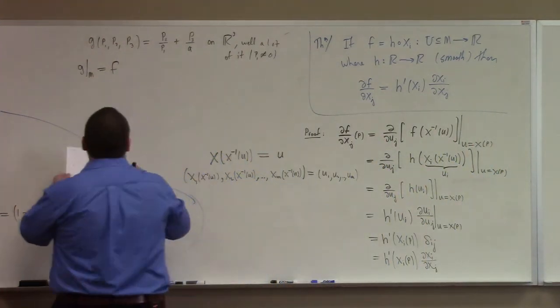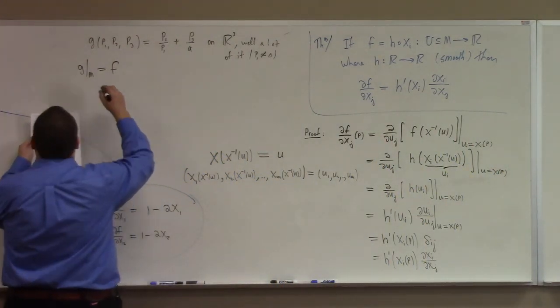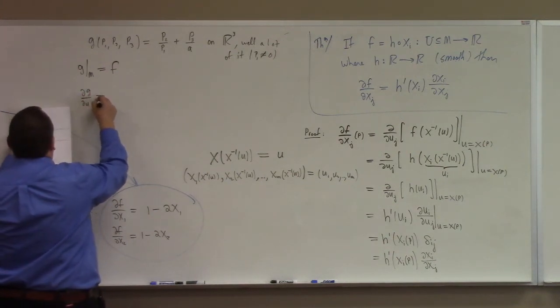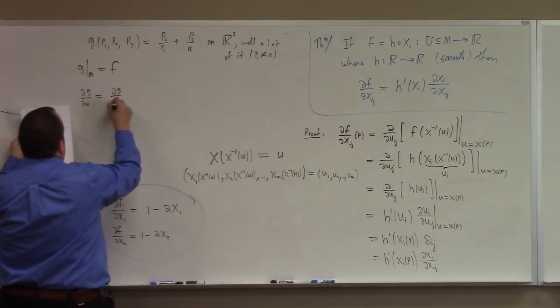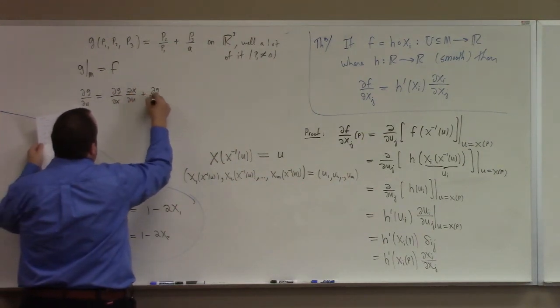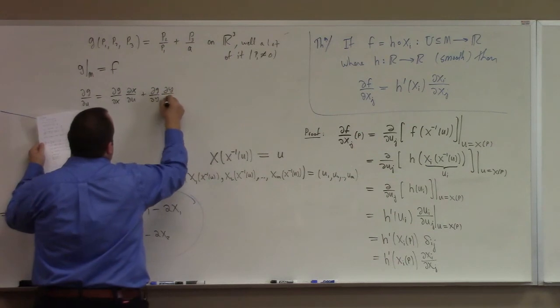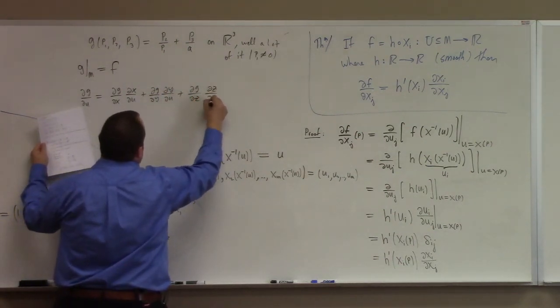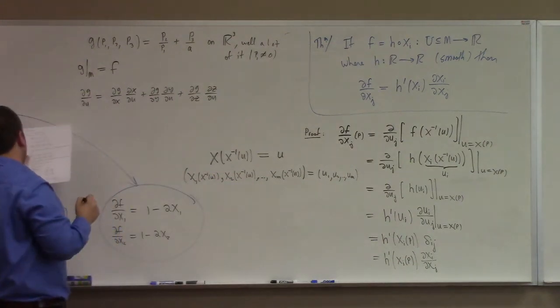And so we could actually look at partial G, partial u in terms of partial G, partial x, partial x, partial u, plus partial G, partial y, partial y, partial u, plus partial G, partial z, partial z, partial u.